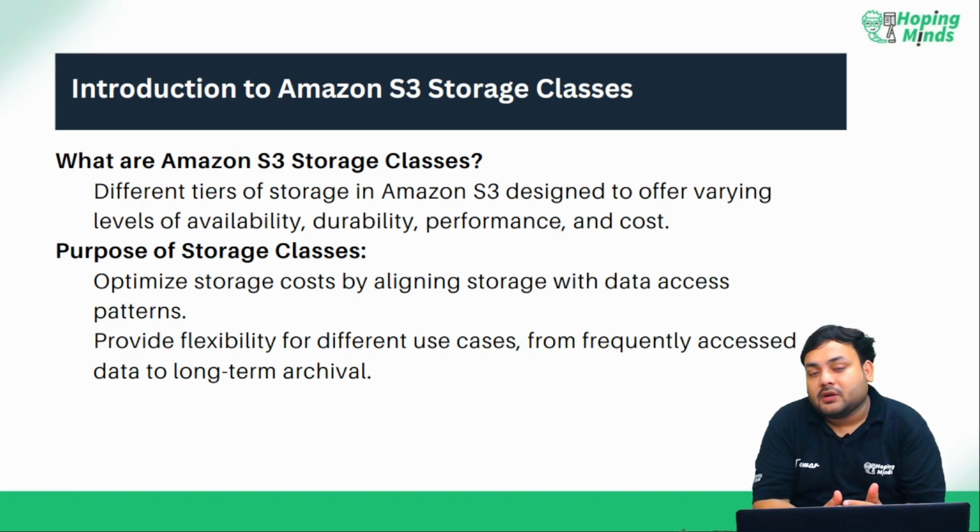Just like that, we have another service which is similar to S3, which is Glacier. Everything is similar, but S3 is for fast-paced work, whereas Glacier is for when you don't want to do fast-paced work. If you have data that you want to archive, that means you are not going to use it very frequently, so you use Glacier because the cost is very low compared to S3, and the speed is also low. Data retrieval speed is low in Glacier compared to S3.